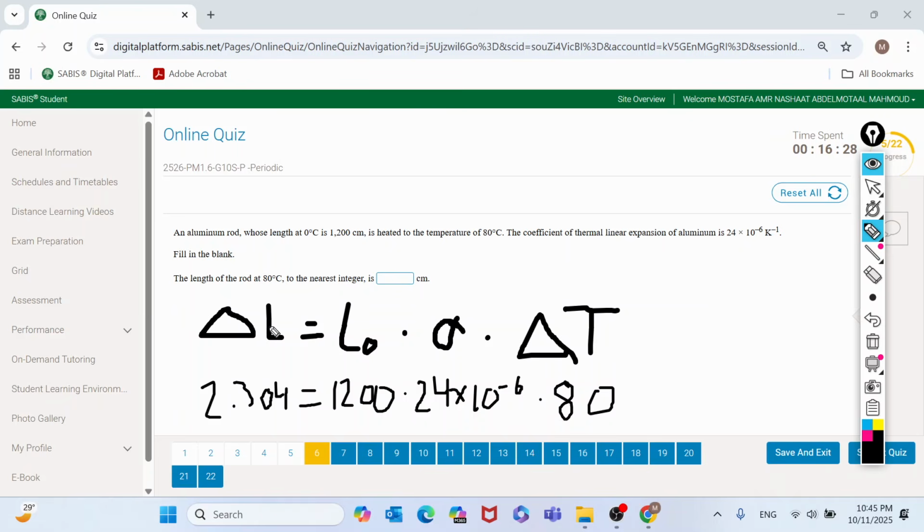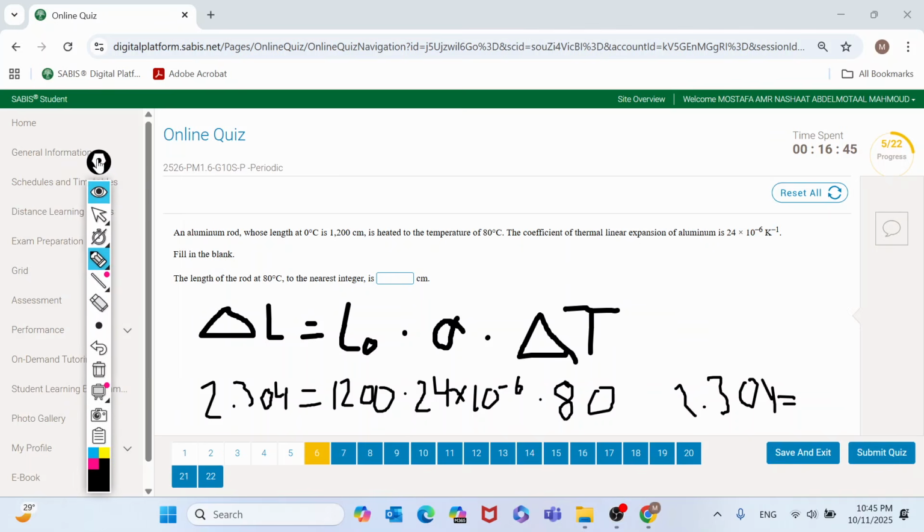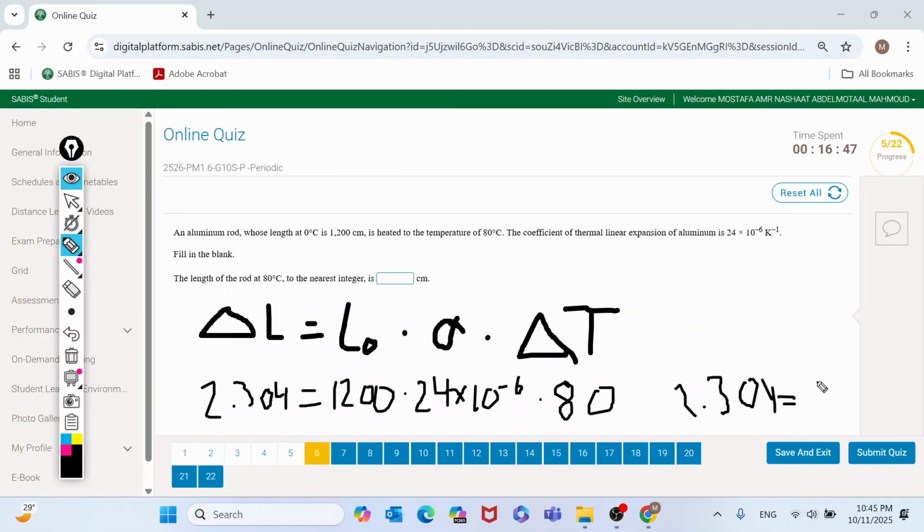This is delta L. They want the final length. So 2.304, the delta L, is equal to L final, which is X, minus L initial, which is 1200.